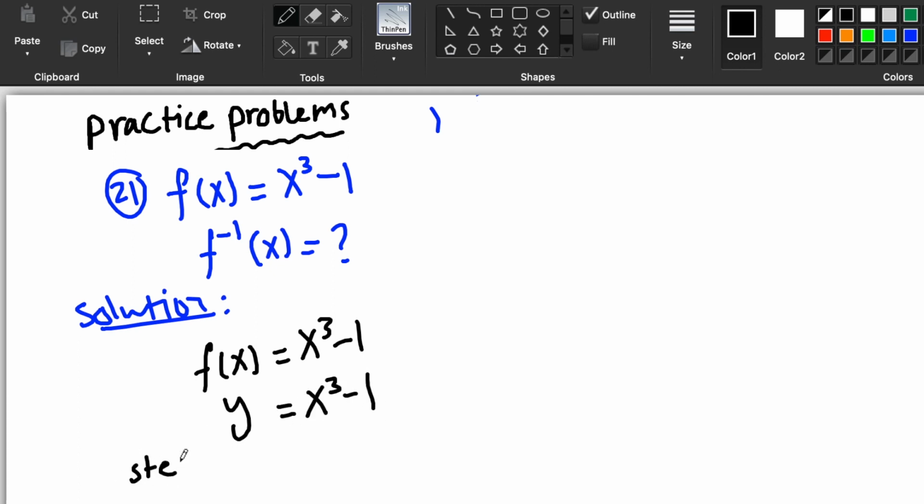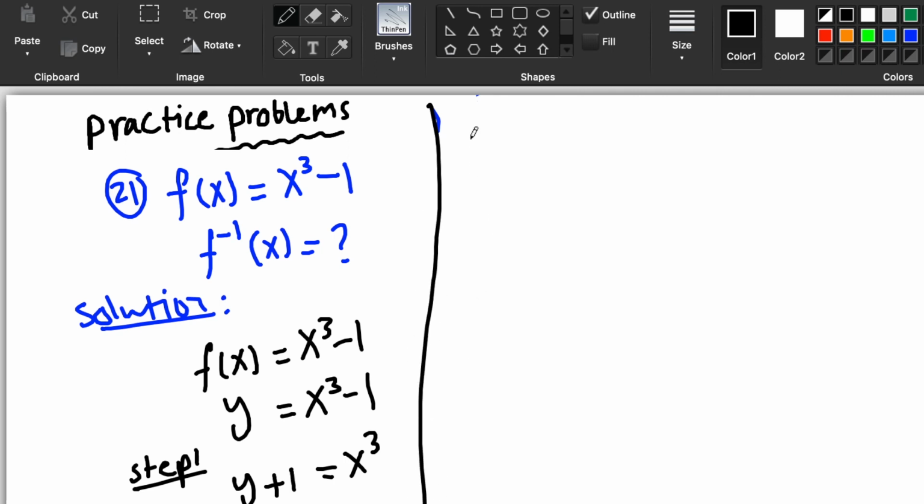Step 1 is solve for x. So y plus 1 equals x cubed. And then x equals cube root of y plus 1.